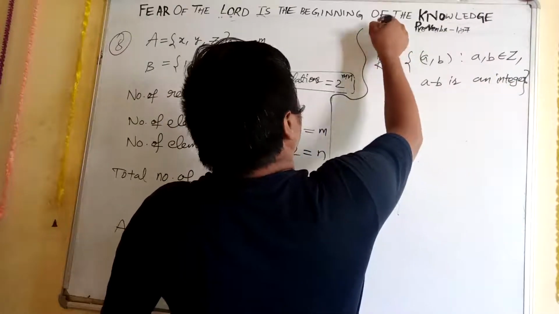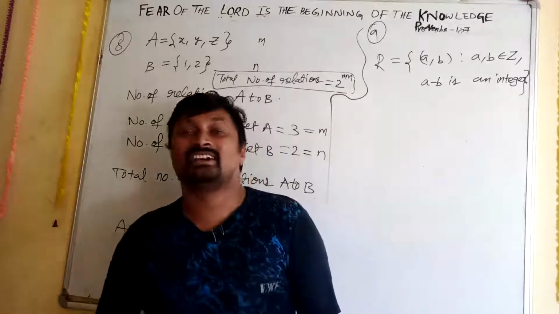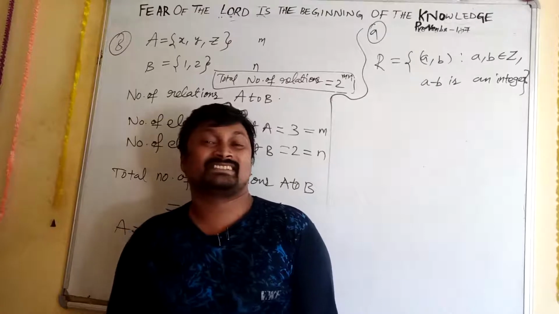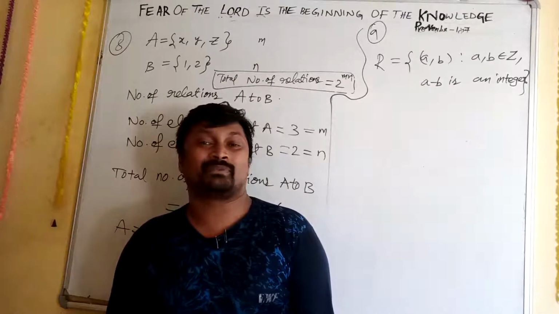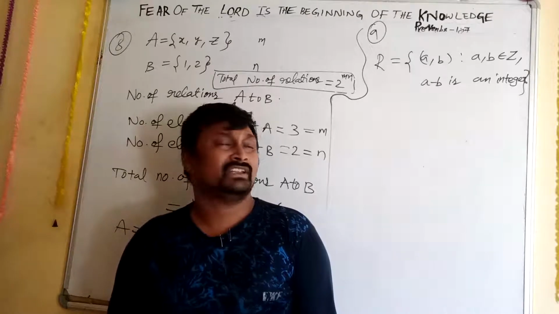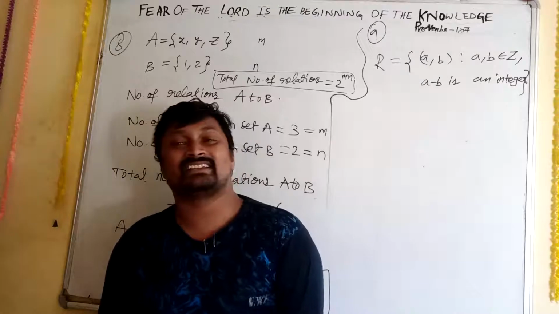So here, do you remember one property which you learned in your sixth class? I hope you have learned one property about integers. Have you learned any property about a minus b being an integer?